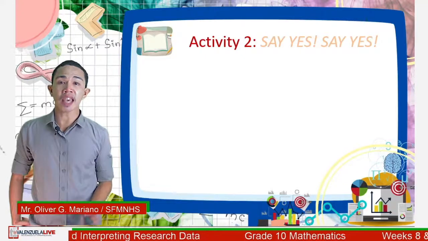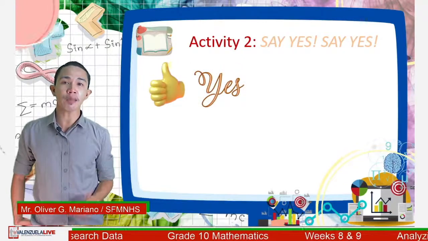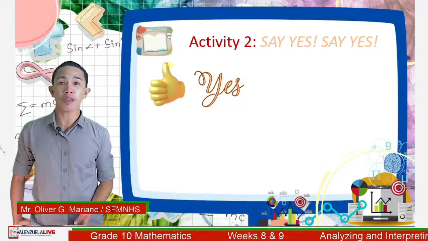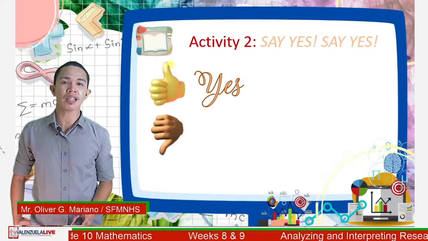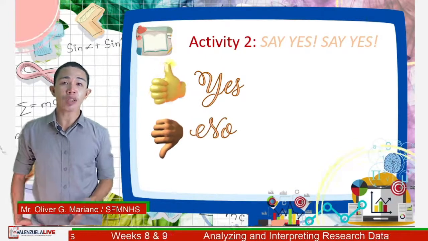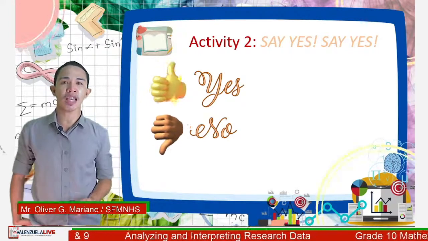If you say yes to that, just drop the thumbs up emoji in our comment box. But if you're saying no to that, drop the thumbs down emoji. I will give you 5 seconds to think about each of these items.